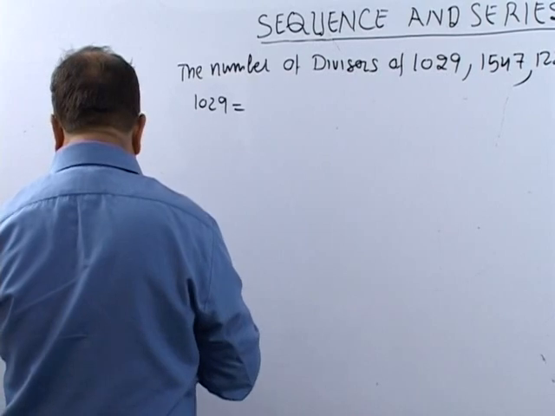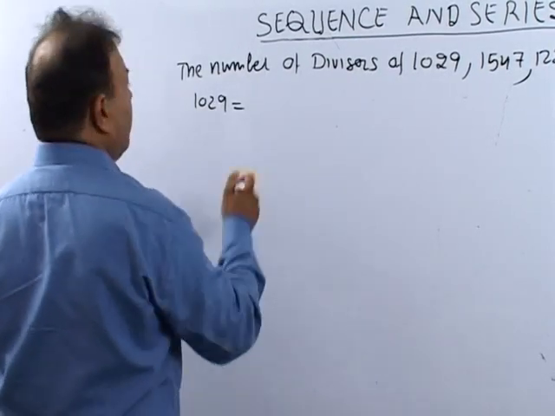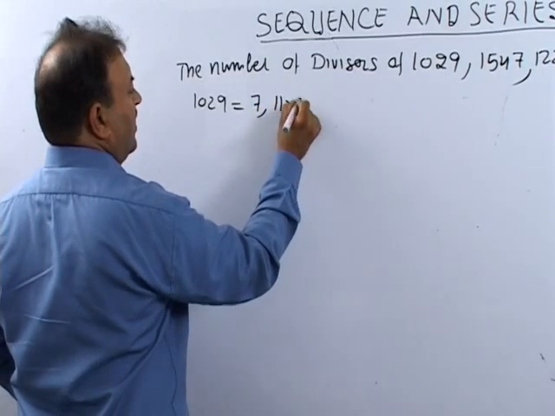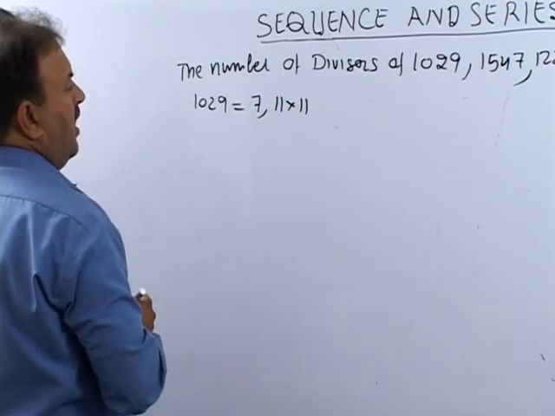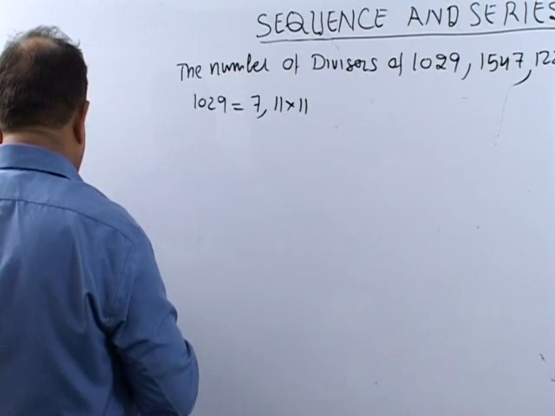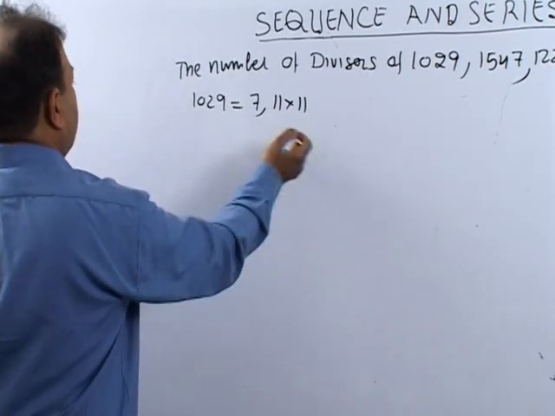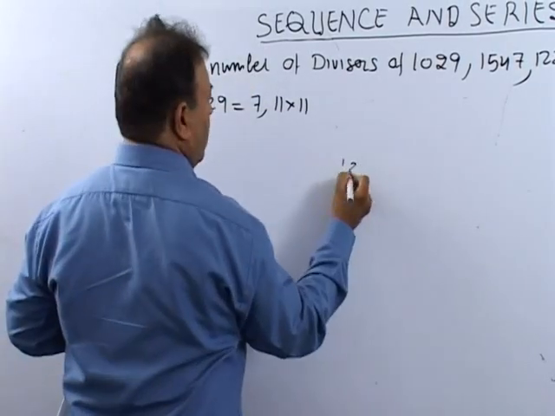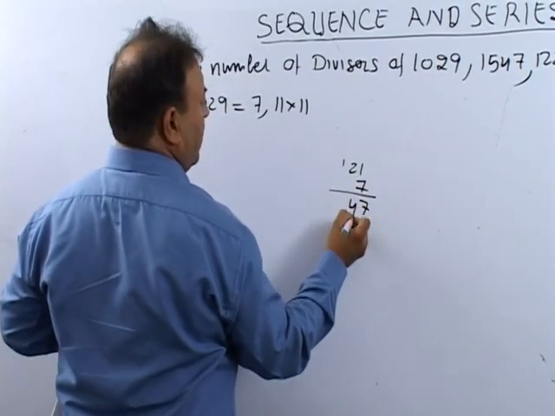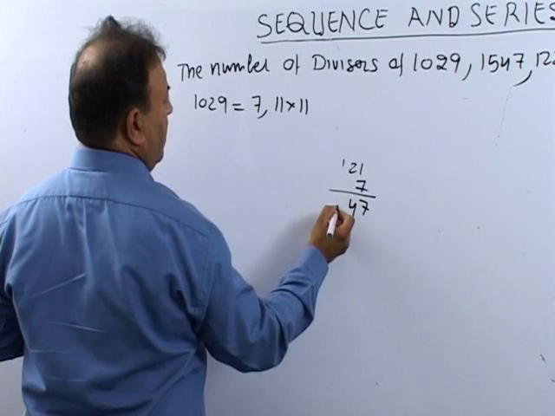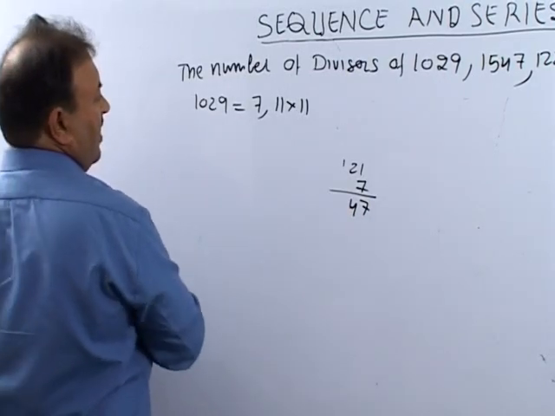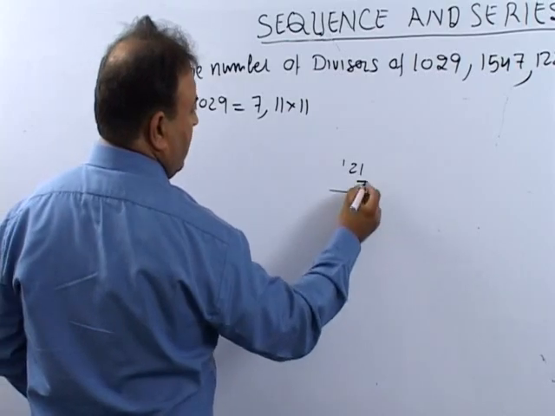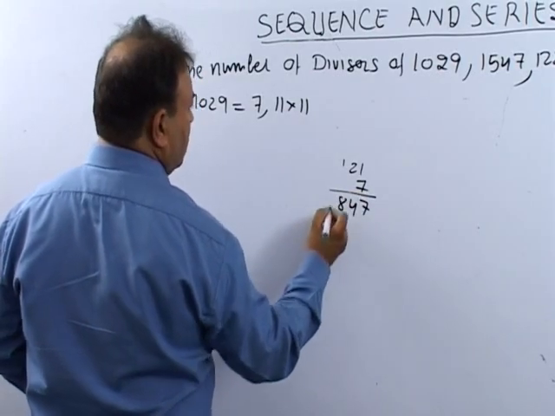If we break up 1029, what do we get? Let me check: 11 into 11 is 121, and 121 into 7 comes out to be 847.